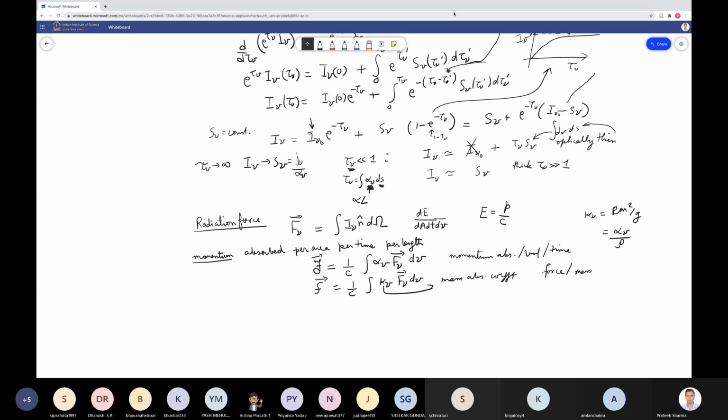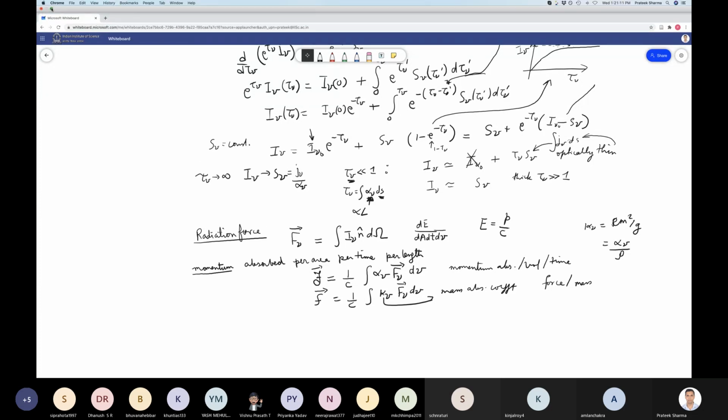So next time I will start with thermal radiation and a little bit of black body radiation. I think all of you have done black body radiation to some extent. You can brush it up, and we'll start with that. And also please do the homework problems.